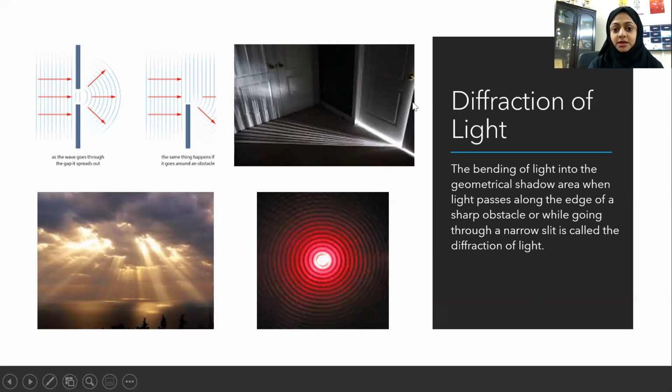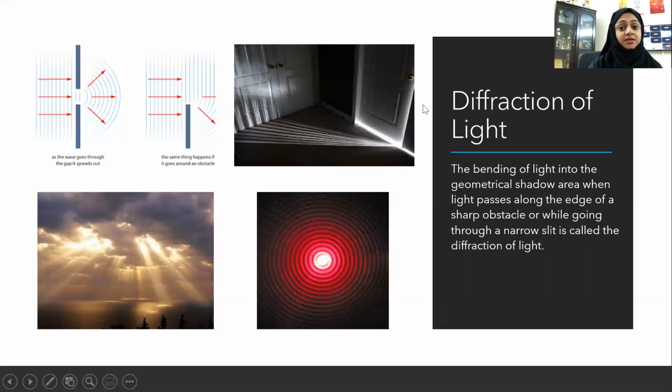Here you can see a narrow opening of the door. So the space between this door and the wall will act as a narrow slit, and see the pattern of light or the shadow of light. Here we expect that if light was not a wave, if it was a stream of particles, we will see only one bright line.